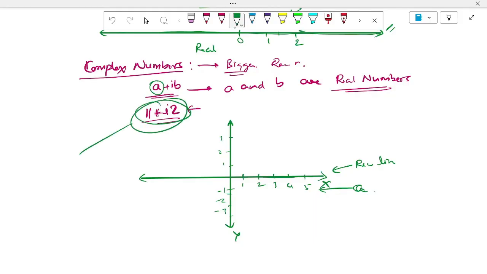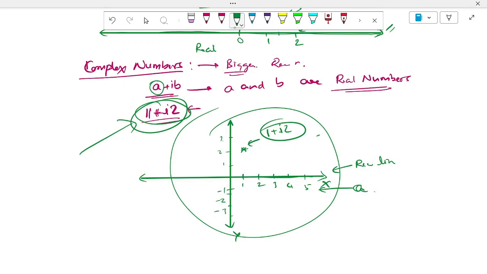If you want to represent this point, it will be 1 comma 2. This point can be represented as 1 plus i2. This is our complex plane. You can represent any complex number on this plane.